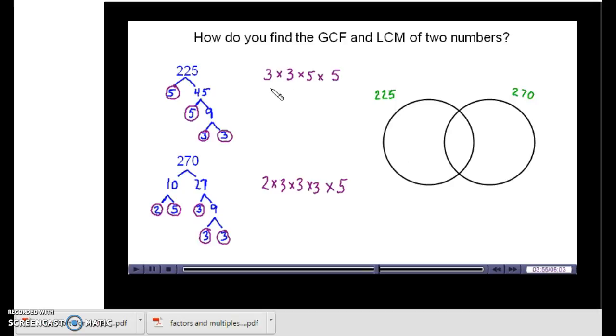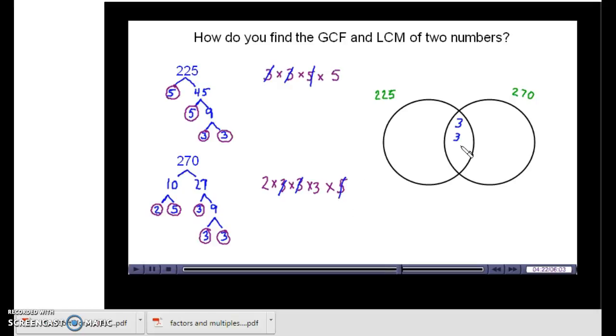So let's begin with the prime factorization for the number 225. The number 3 appears in each prime factorization. So I'm going to write it in the intersecting part. And I'll do the same for the other 3, because it also appears in both prime factorizations. The next digit is a 5, and that appears in the prime factorization for 270.